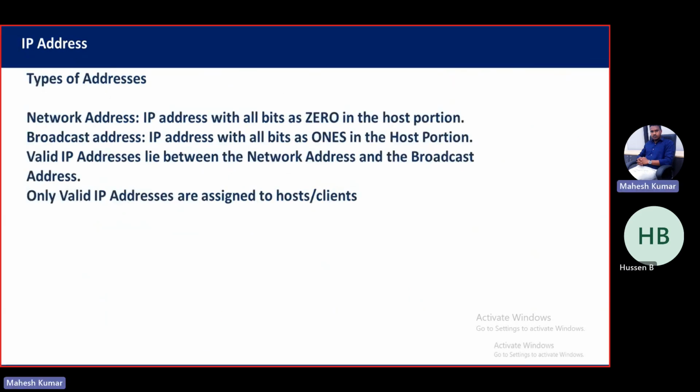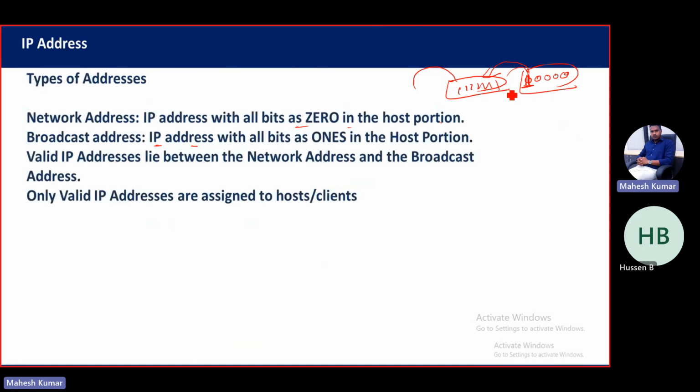The types of address: a network address is an IP address with all bits as 0 in the host portion. A broadcast address is an IP address with all bits as ones in the host portion. If even one bit is on in the network portion, it is also used as a network bit.